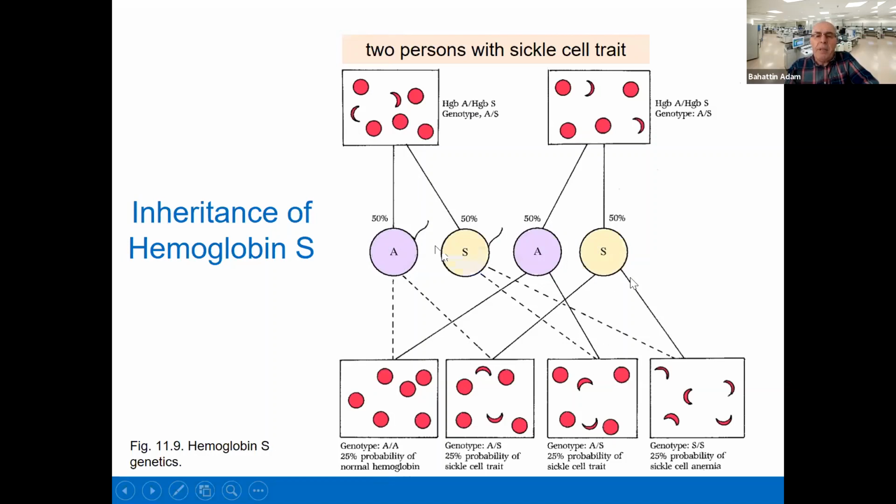And after that, the result will be here, as you see: 50% will be sickle cell trait, okay, right?